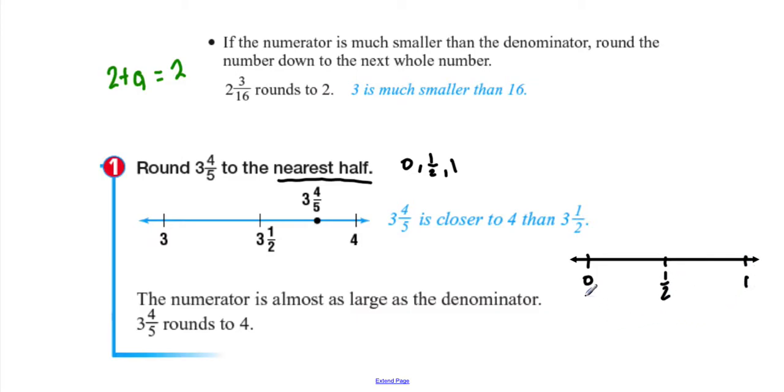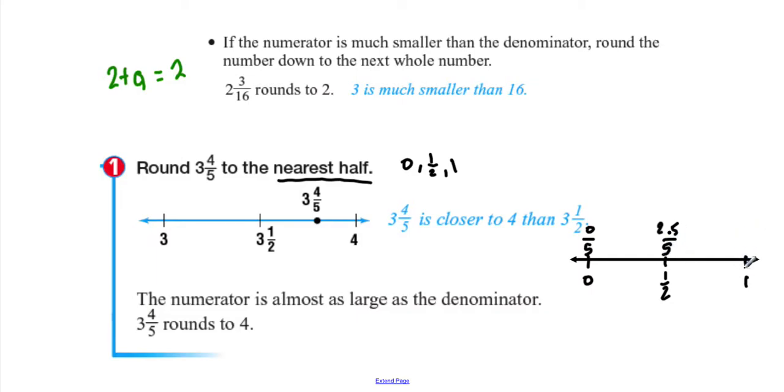Okay, and we want to find an equivalent fraction of 0 which has a denominator of 5, and that would be 0 over 5. An equivalent fraction of 1/2 with a denominator of 5 would be 2.5 over 5.